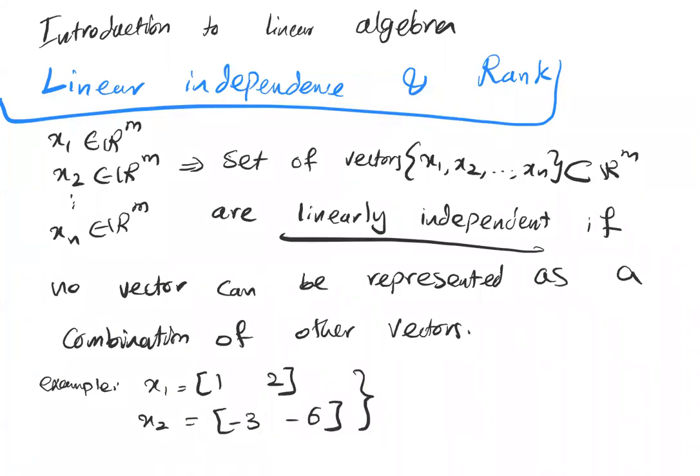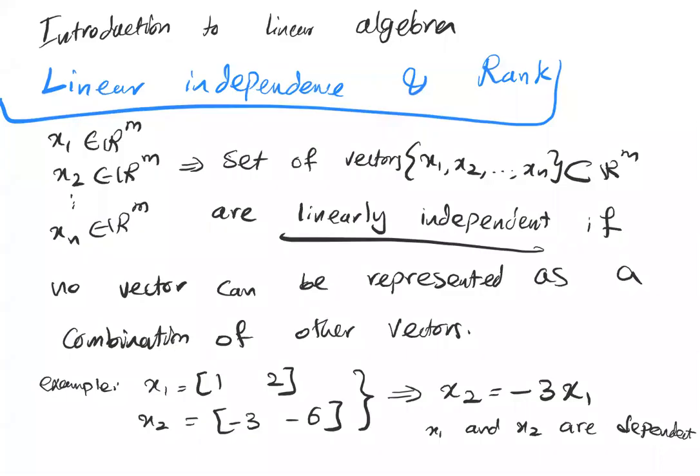So in this specific example, as you can see, vector x2 is nothing but -3 multiplied by vector x1. So x1 and x2 are dependent. What's the reason for this? Because one of the vectors can be written as a linear combination of the other vector.